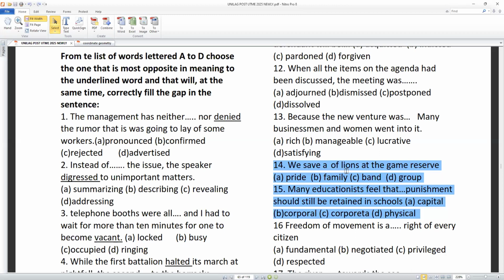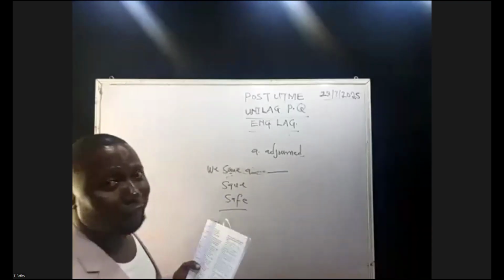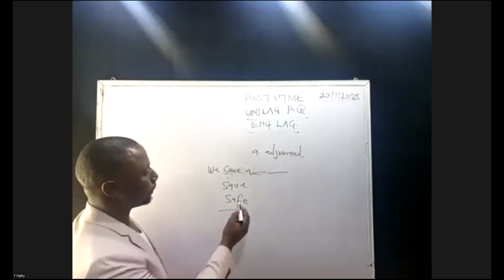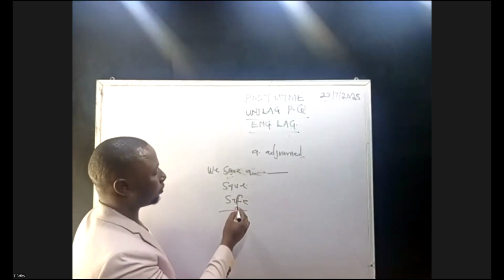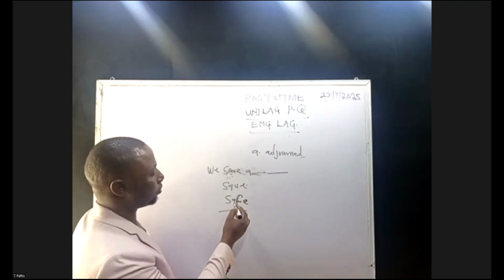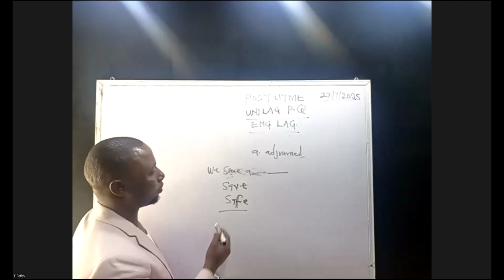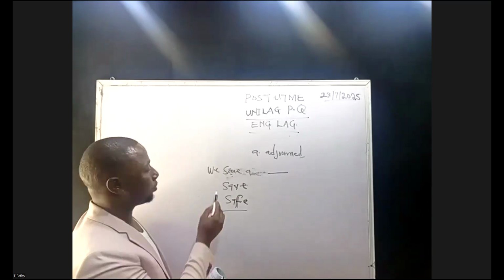We say a family of lions, a band of lions. What is the difference between this and this? Who can tell me the difference? You save a family of lions.